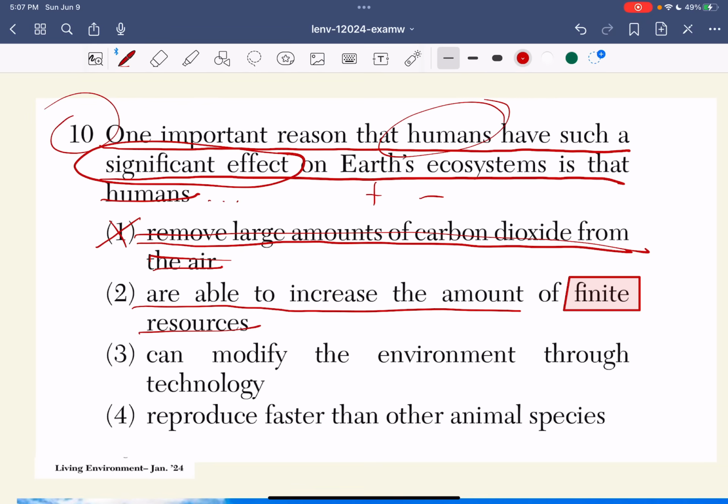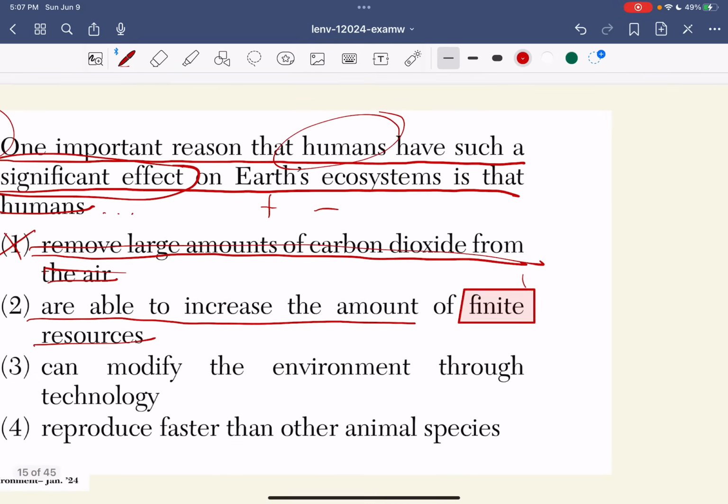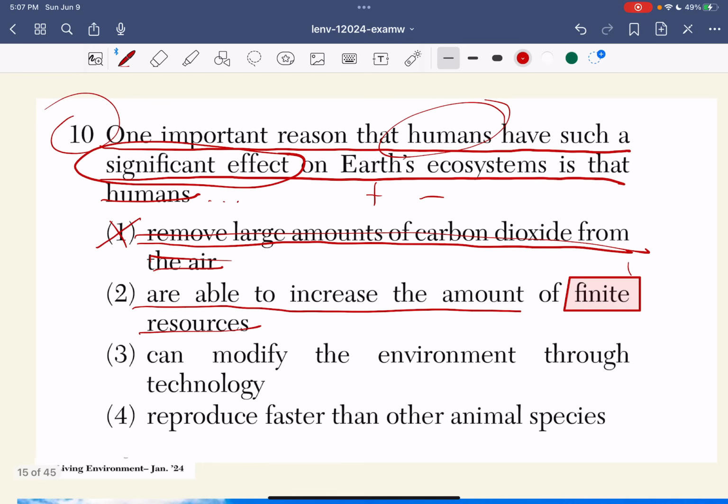If you're taking notes, write this down with the other vocabulary words. Finite means that there is a limit. Finite means that there is only a certain amount of resources. So for example, oil. Let's say you dug up and you struck oil on the earth. There's only a limited amount of that.